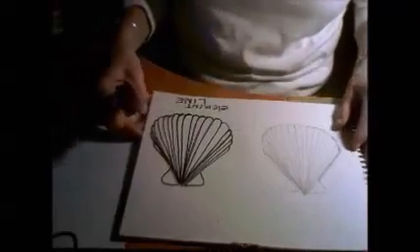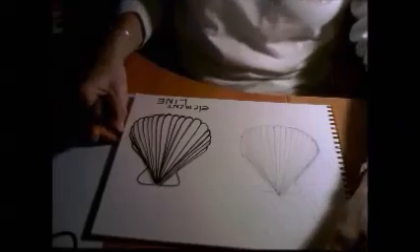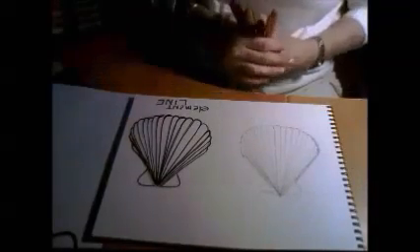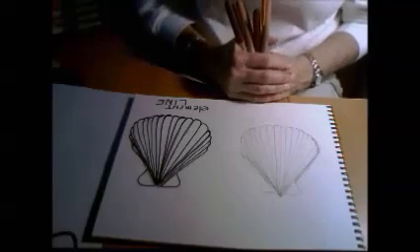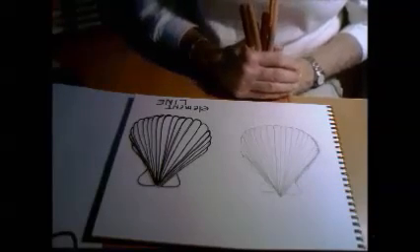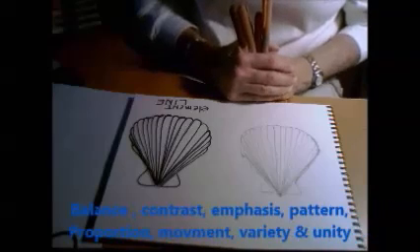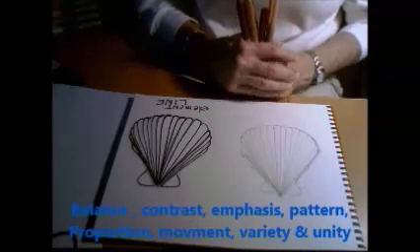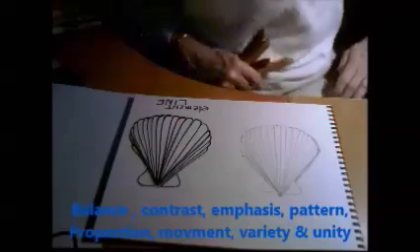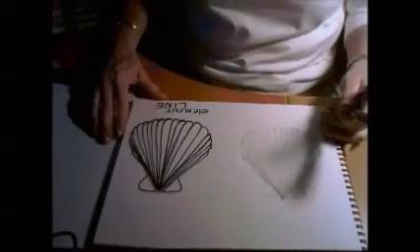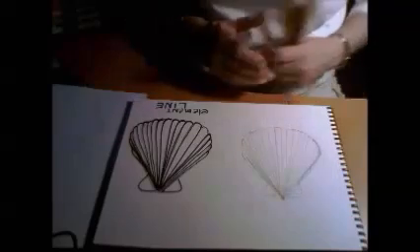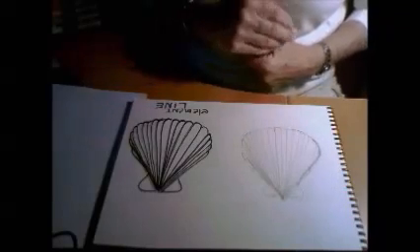The second drawing of my seashell, I'm going to concentrate on the principles of design. Hopefully you remember what those are. The principles of design are balance, contrast, emphasis, proportion, movement, pattern, variety, and unity. So take a good look at the object that you're drawing and think about how you are going to arrange this object using the principles of design.